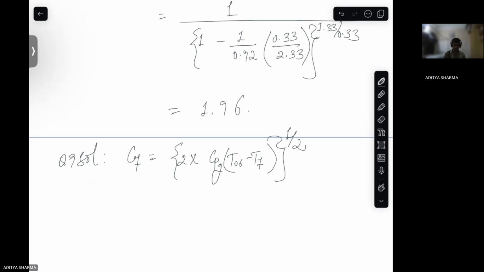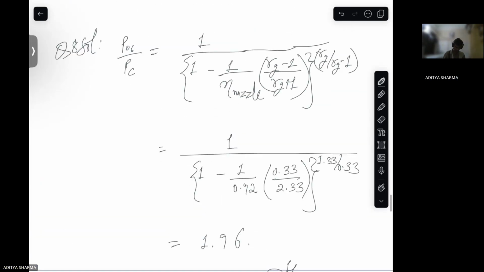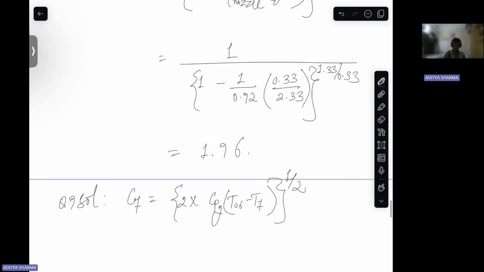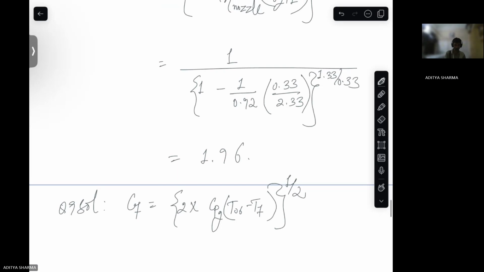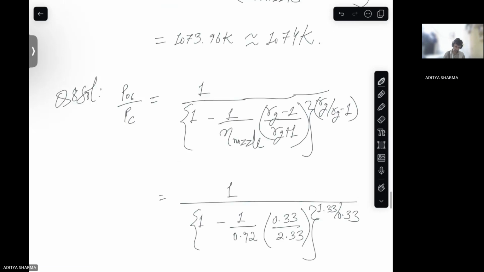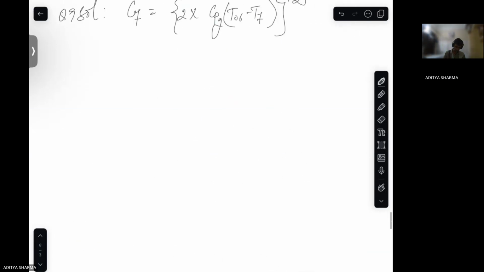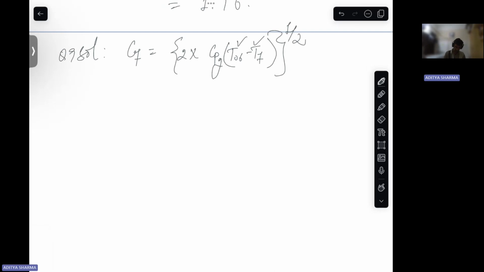We need T naught 6 and T7, these two we need to calculate. First calculate T naught 6. So this will come from this formula.